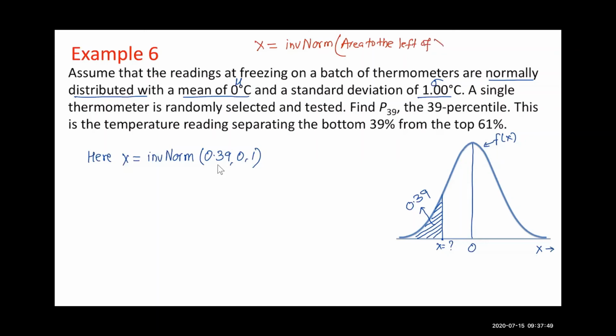Always it must be the area to the left of x. If I'm calculating this x, it should be the area to the left of x, comma. Then you have the mean, and then the standard deviation. This is the standard command that we use in our TI-84 calculator to find the value of x.